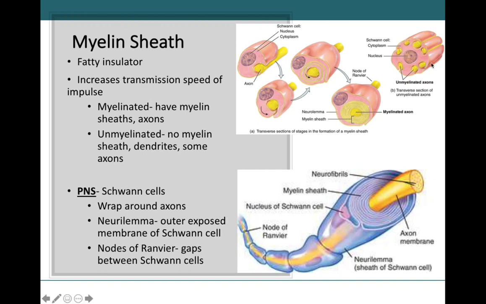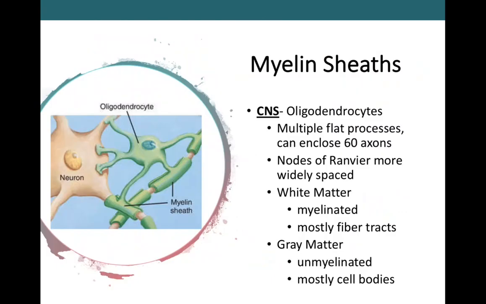I just have this picture up here that shows you that one Schwann cell will wrap around many different axons in this example, but we're really not going to talk too much about unmyelinated axons. Most of the axons we'll discuss are going to be the myelinated type that we see right here. And just make sure you don't forget about the nodes of Ranvier, which can be found between each of the myelin sheaths formed by each Schwann cell.